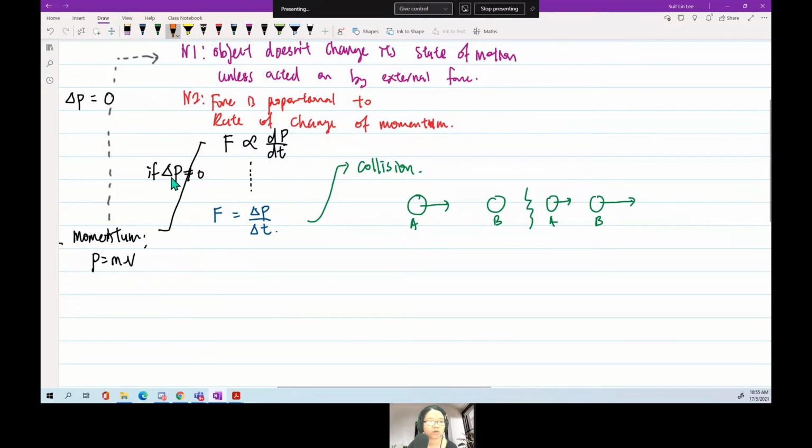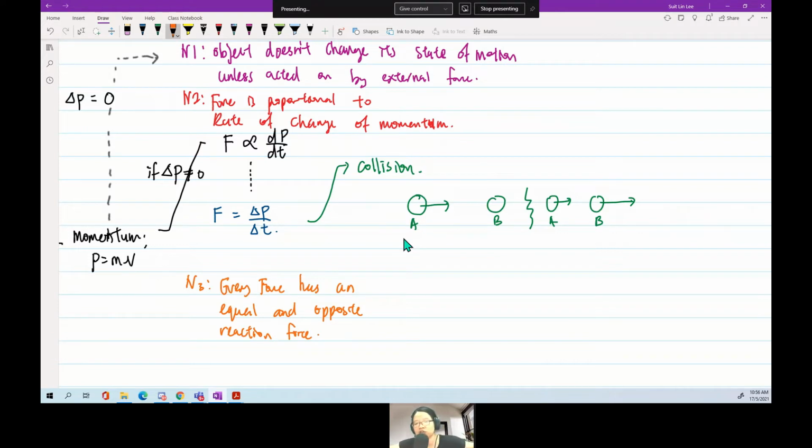So the third Newton's law, which I'm just going to write here: every force has an equal and opposite reaction force. So I want you to think about how all three Newton's laws are currently being exhibited by a simple collision like this.